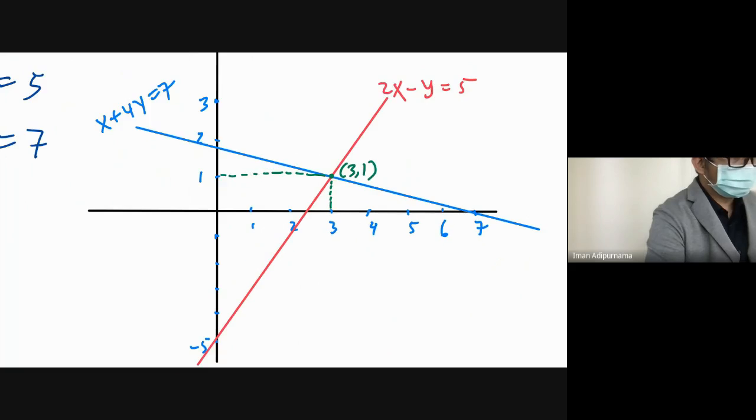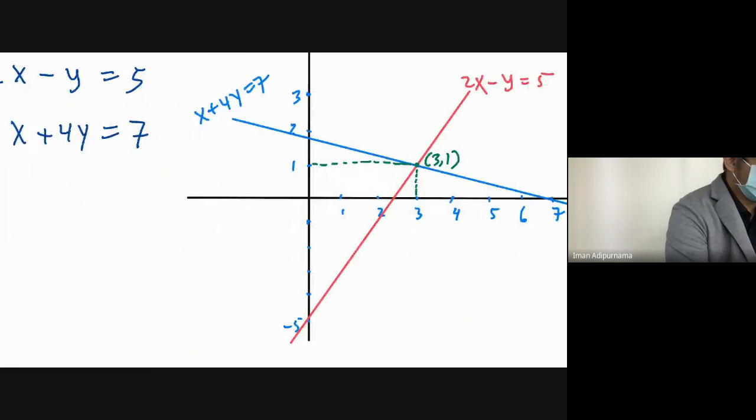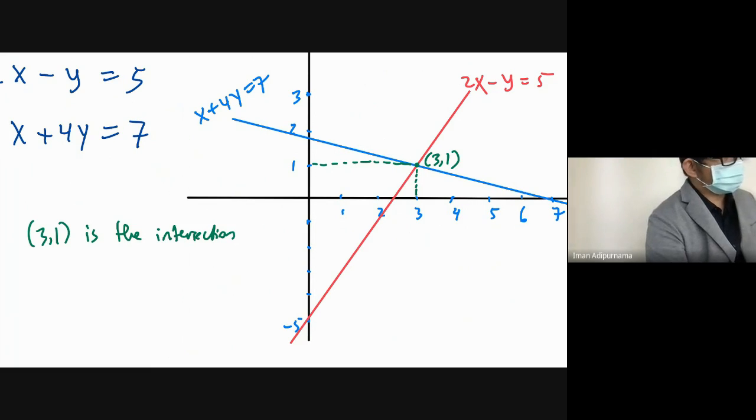So the intersection, 3, 1, is the intersection. Since the intersection means that this point, x equals 3 and y equals 1, will be on both lines, the red line and the blue line, in other words, this will be our solution.